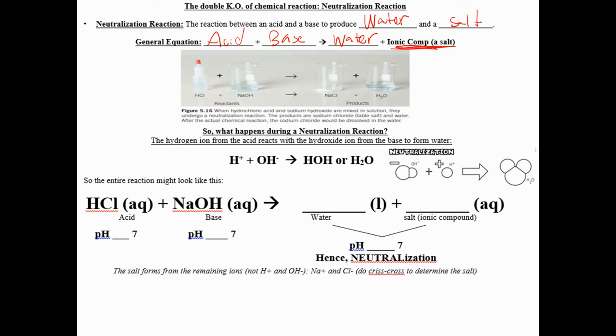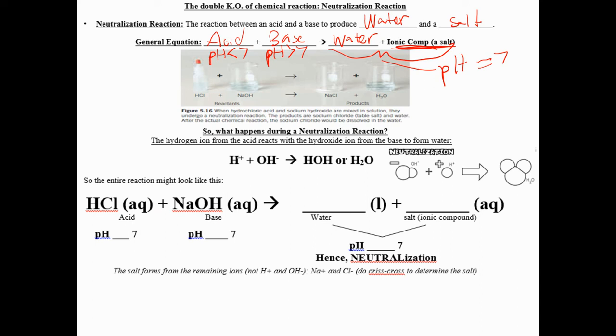And so really what's happening is your pH of your acid is less than 7. Your pH of your base is more than 7. And then in the neutralization reaction, the pH is, at the end afterwards, a bit closer to 7. It could be right on 7, but it could be just closer to 7 than it was before.